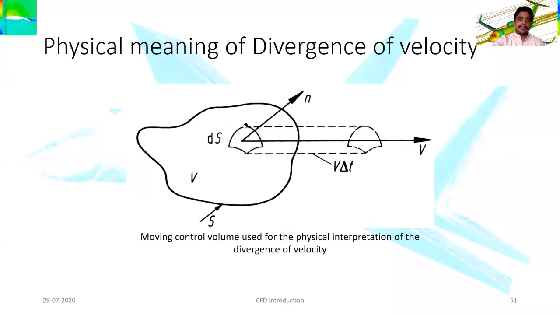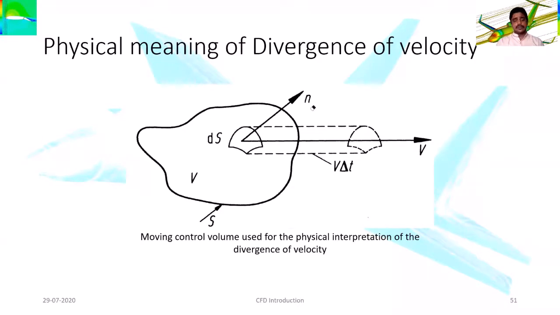For the elemental surface, we have made one perpendicular vector to it, which we call the normal vector, or the unit vector in the normal direction, represented by a small u.